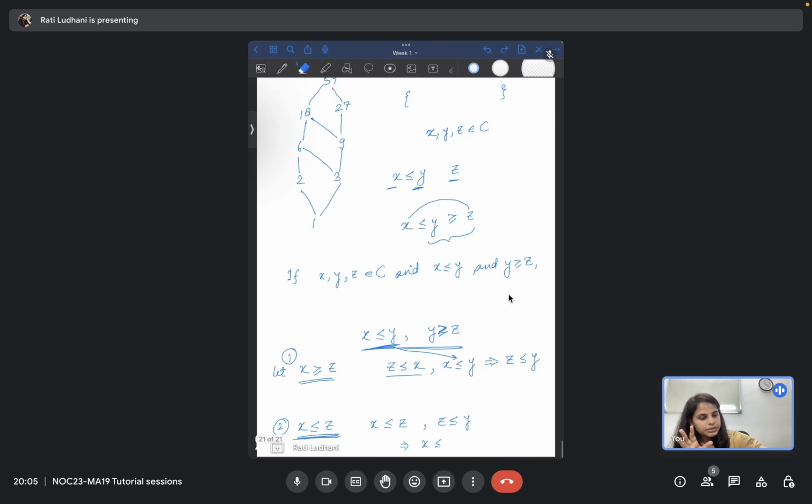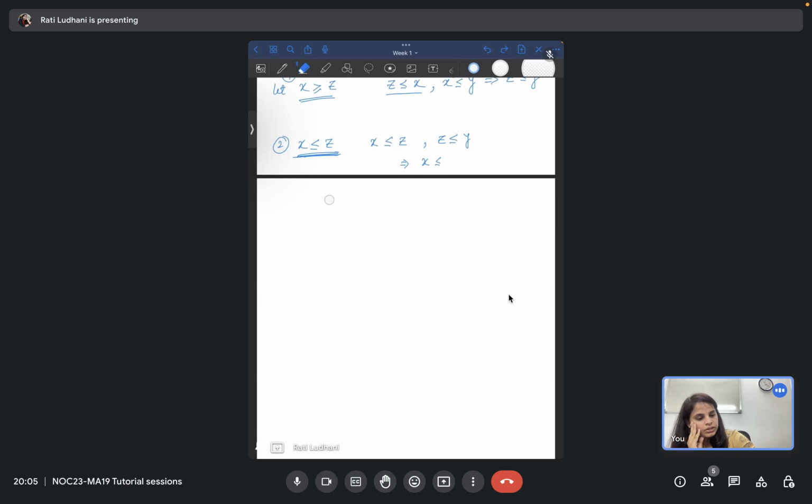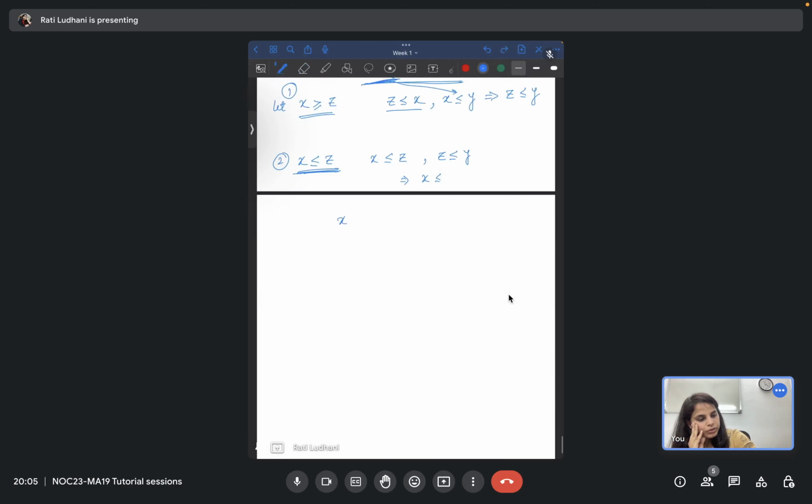My claim is I should write it like this. If you have x is less than or equal to y, and there is some element z in C also, then either z should be like this, or you should have this. So basically all the elements should be in a chain.